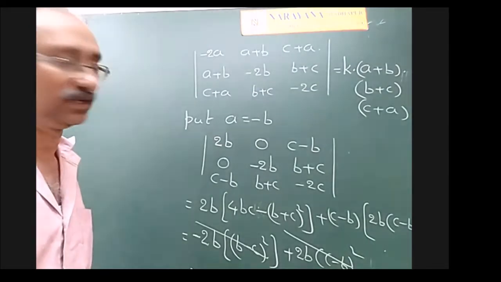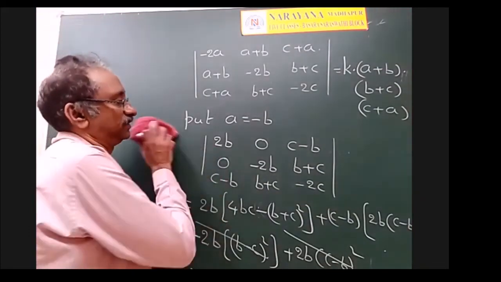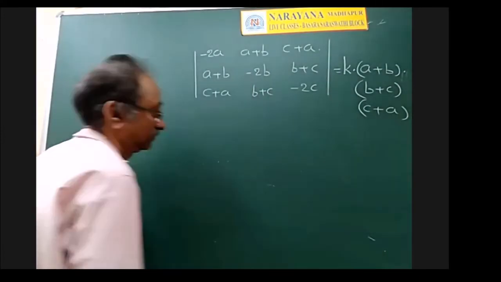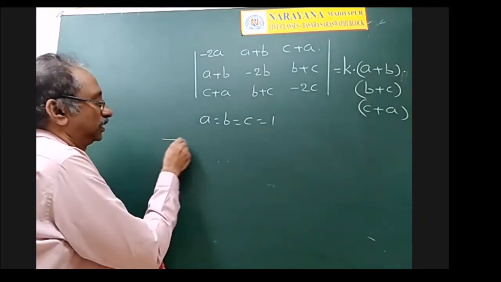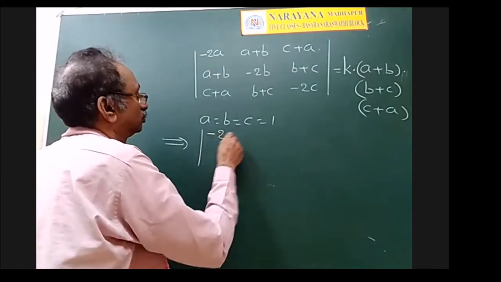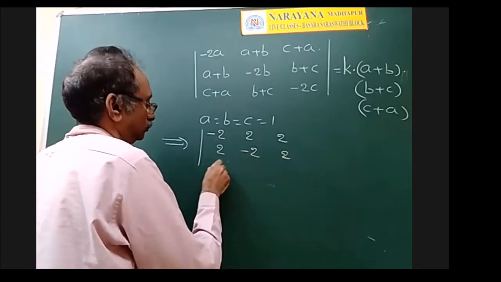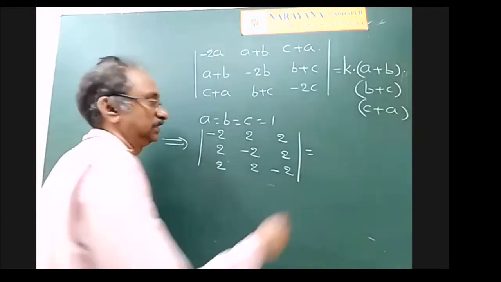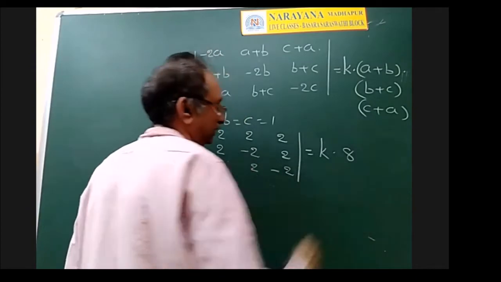So how to find that k? Substitute any three numbers in place of a, b, c. Now am I guessing this? Substitute a is equal to b is equal to c is equal to 1. See what happens. So the determinant with rows minus 2, 2, 2; 2, minus 2, 2; 2, 2, minus 2 is equal to k into 2 into 2 into 2, that is 8.